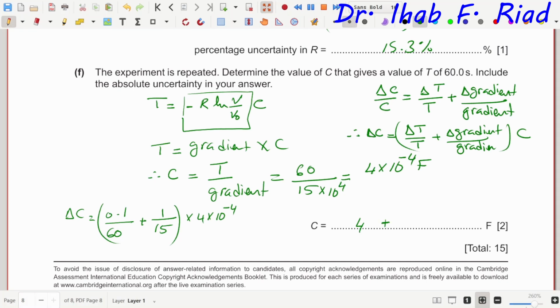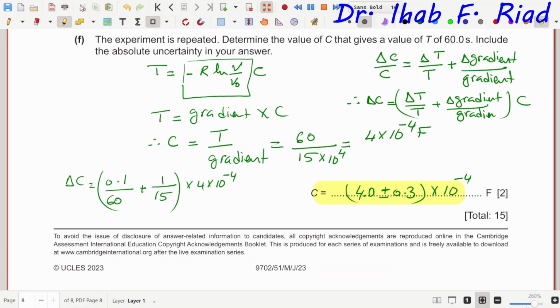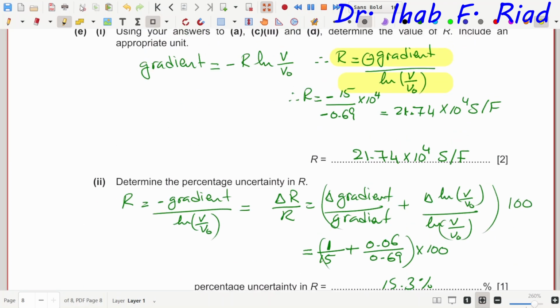Plus or minus 0.3 times 10 to the power minus 4, and we keep this value to the same number of decimal places as the absolute uncertainty, so we quote it like 4.0, as this is the final result. Okay, this is the final result.